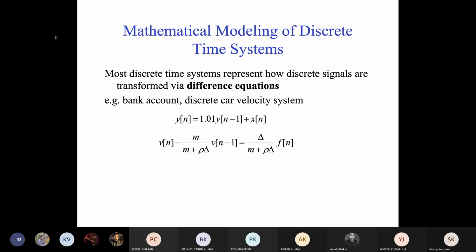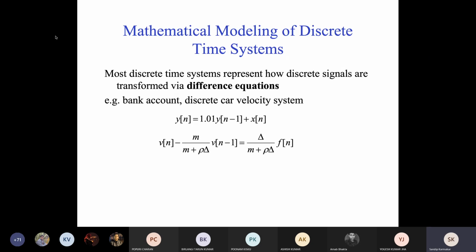V_s. Okay. Now, discrete time systems: most discrete time systems represent how discrete signals are transformed by difference equations. Examples are a bank account, discrete car velocity, etc. So y[n] equals 1.01 y[n-1] plus x[n].